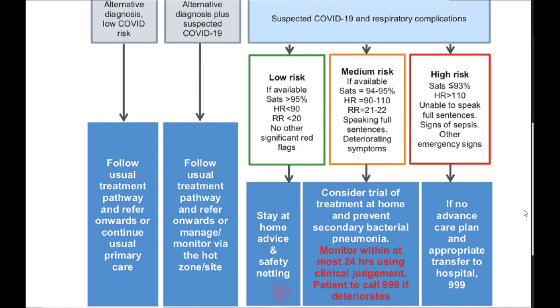A moderate risk or medium risk is 94 to 95% with a heart rate of 90 to 110, and low risk is above 95%. And then medium risk patients, you could consider a trial of treatment at home and try and prevent secondary bacterial infection.